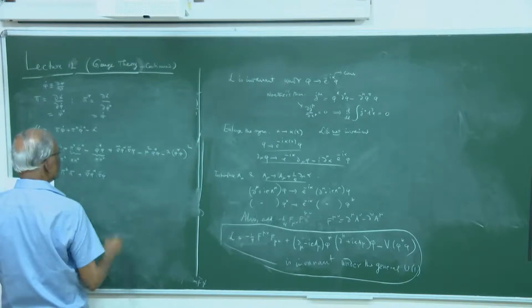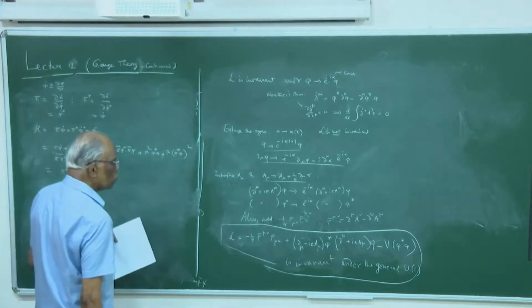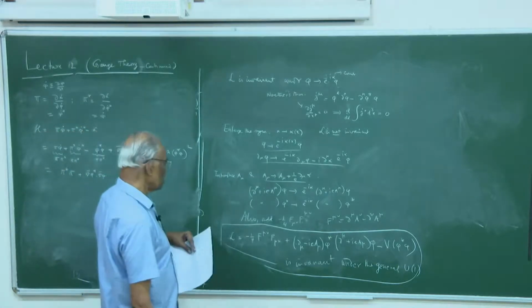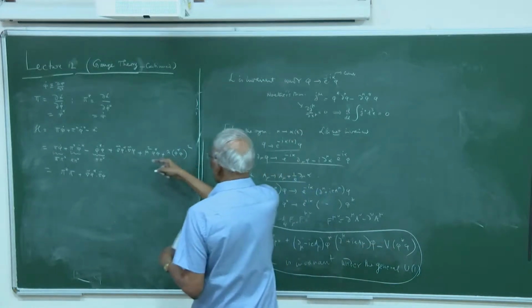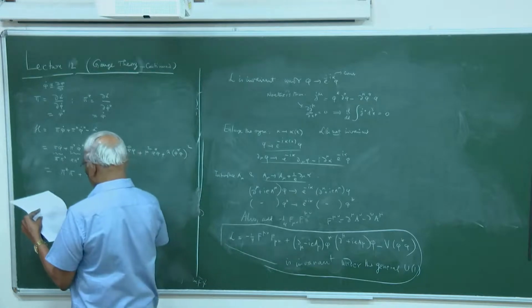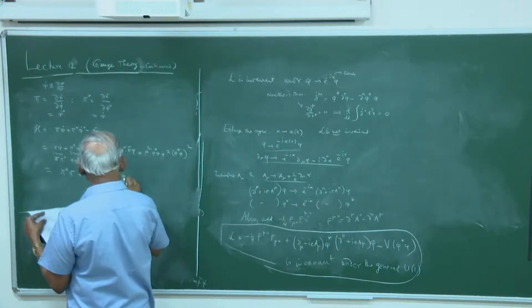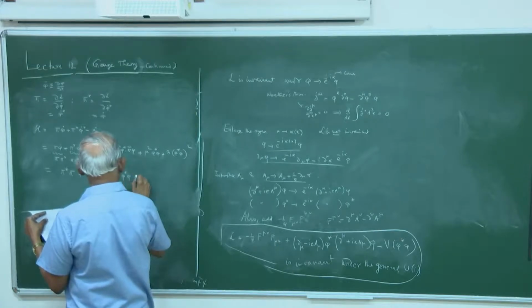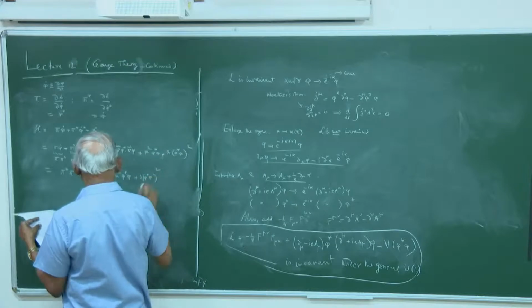I think I made a mistake. It should have been plus, right? The minus V is there, and there is another minus, so it becomes plus. Plus mu squared phi star phi plus lambda phi star phi whole squared.